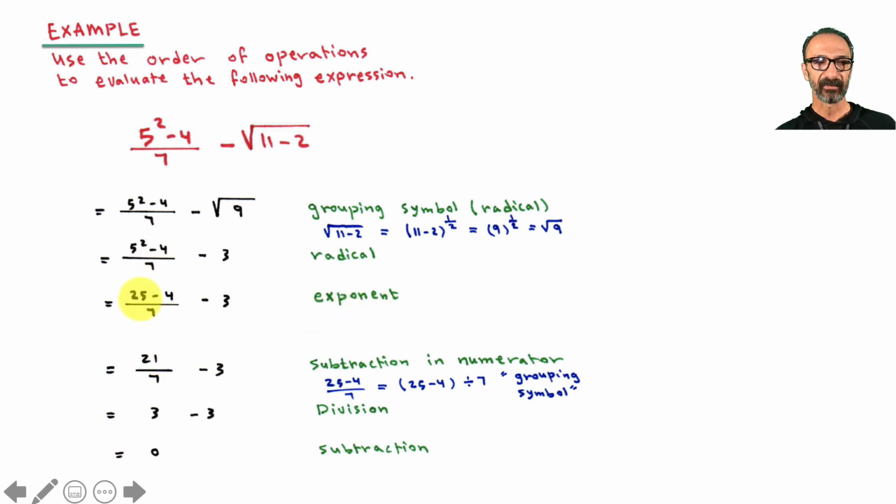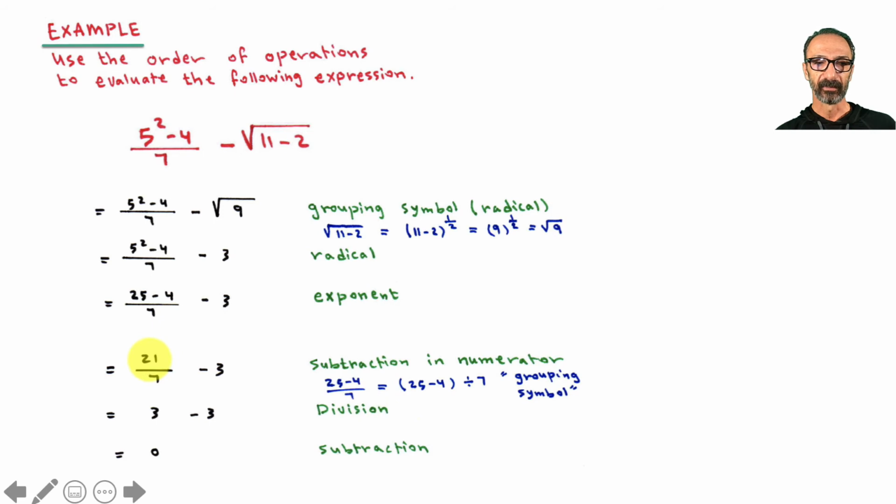That makes it 25. Then we subtract. Why do we subtract before we divide? Because 25 minus 4 over 7 is actually a grouping symbol idea. You have to finish this to be able to divide. So we do have grouping symbols, but they're not shown as parentheses. Right? So we have to finish the numerator before I divide.